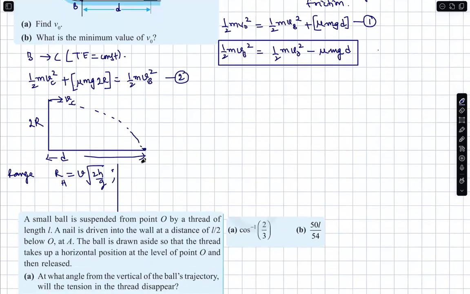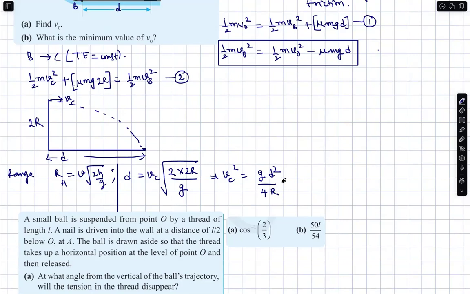In this case the range is d, the velocity is v C, and the height is 2R. So d equals v C times root of 4R by g, which implies v C square is g d square by 4R.